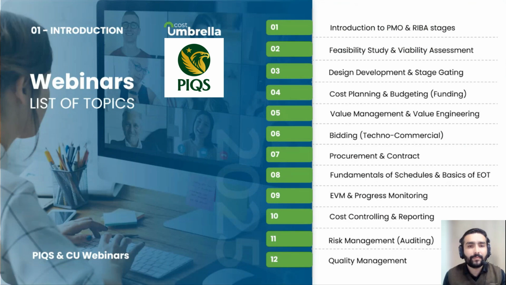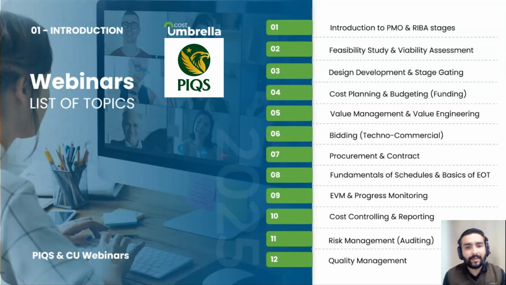Next slide. Well, this is the webinar list. In our first webinar, on February 8, we covered Introduction to PMO and RIBA Stages. Today, we are doing feasibility studies and viability assessment. Next, we have design development and stages.